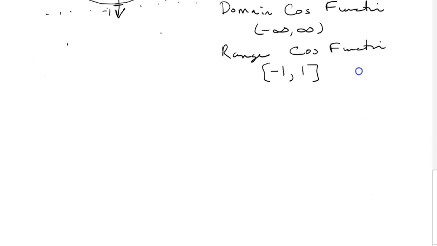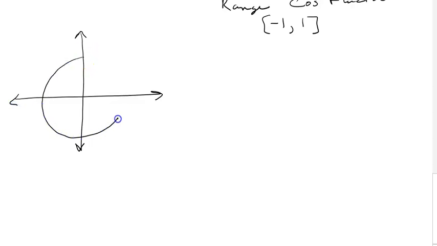The other thing we can do with our unit circle is really look at the values of what we call our quadrant angles. And I go back to my 1, 1, -1, -1.